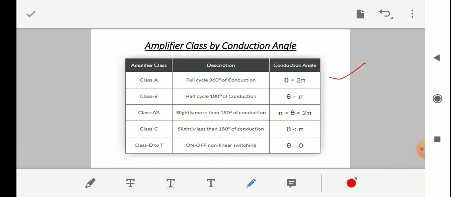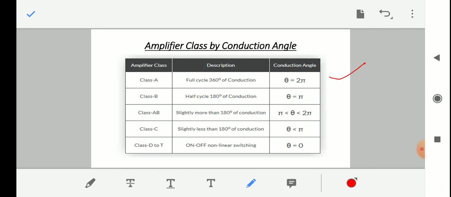In this table, the first amplifier is class A amplifier. Class is a term used to categorize the power amplifiers. So class A amplifiers provide the output for the entire cycle of the input applied signal.